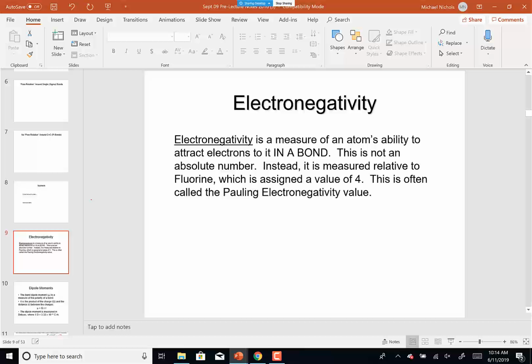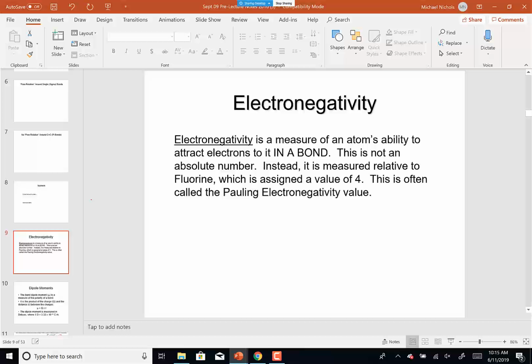So in order to determine whether a molecule is polar or not, we first need to remember what polarity is. Polarity deals with electronegativity. If atoms have different electronegativities, they're going to create a polar bond. Now, let's talk about the different kinds of bonds.